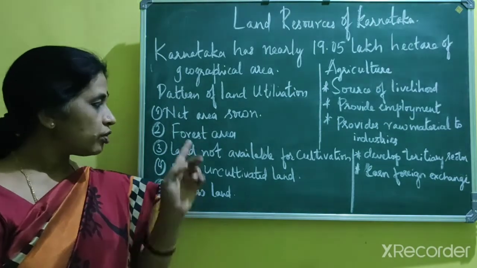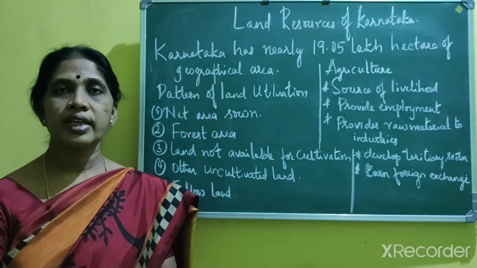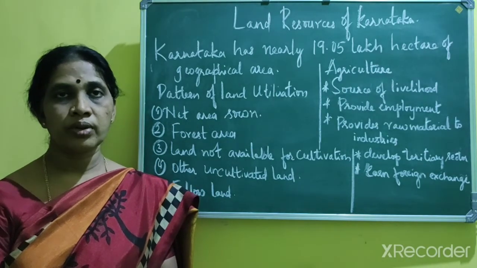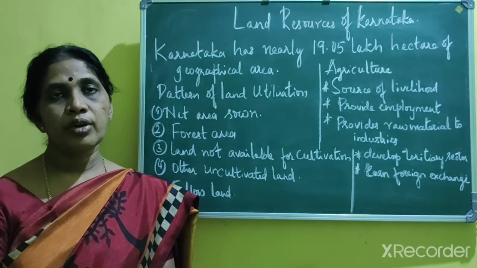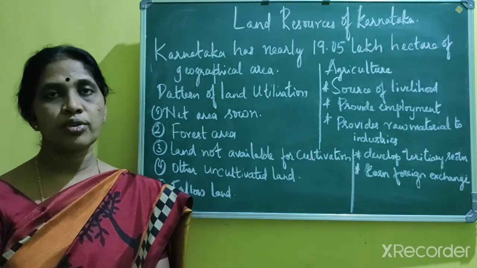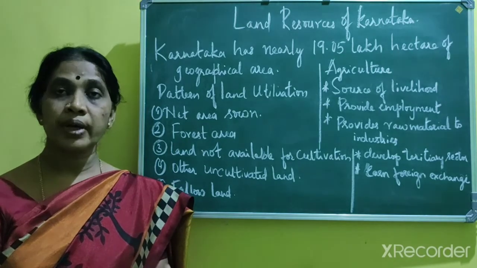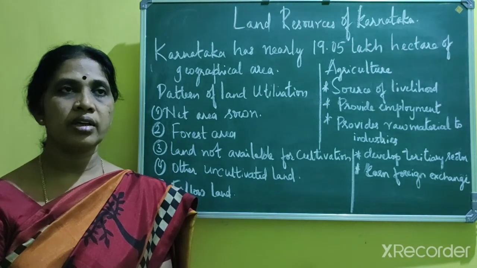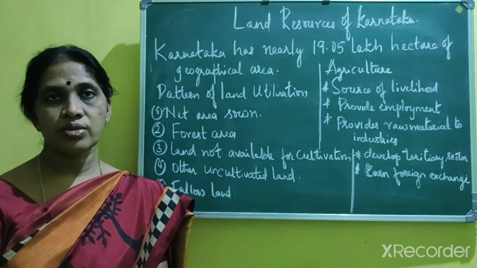Then we have the forest area. This includes the areas where forest is grown, and this area is mainly found in Uttara Kannada because this region has the largest forest, and more forest means better resources for the state, and it helps in providing a lot of natural resources.